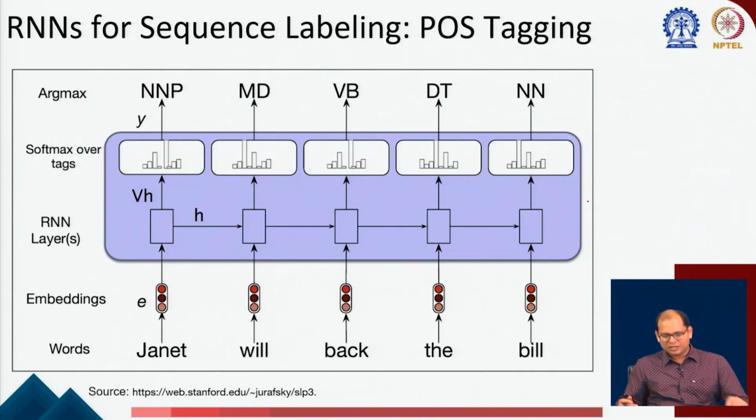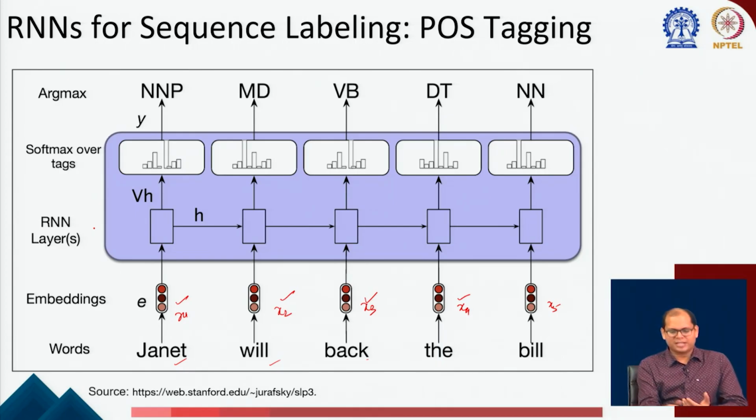So let's say you are doing part of speech tagging, where for each word you have one particular part of speech tag. So I'll feed the word sequence through their embeddings. So they become the input x1, x2, x3, x4, x5, and we are not showing any connection here.